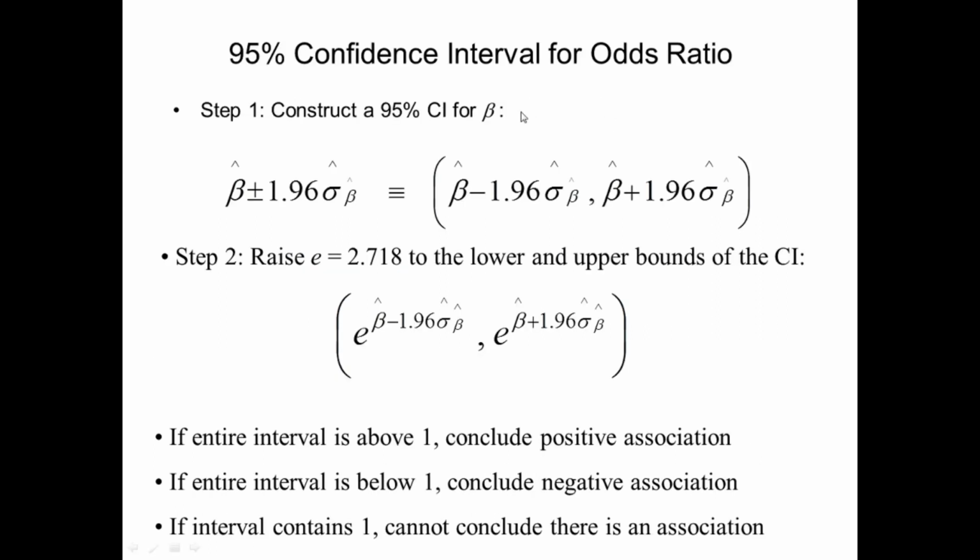We can also compute a 95% confidence interval for the odds ratio, and that can help us interpret it. If the entire interval is above 1, we can conclude a positive association between our quantitative explanatory variable and the probability of the event.